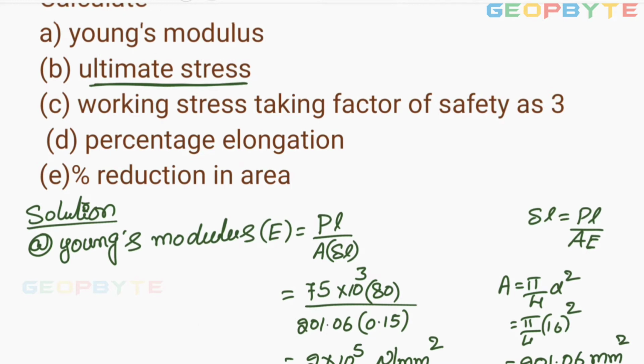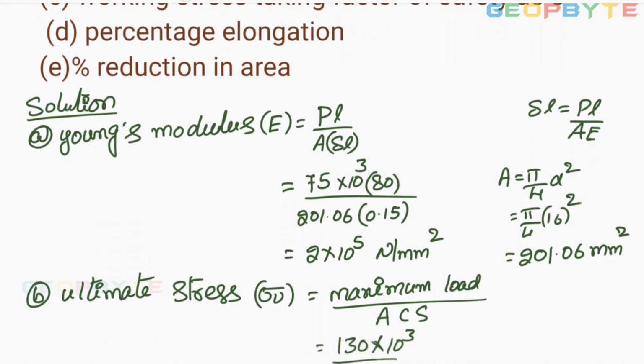Now part C is working stress. Working stress equal to what? Factor of safety equal to the ratio between the ultimate stress and working stress. From that you can find the working stress.